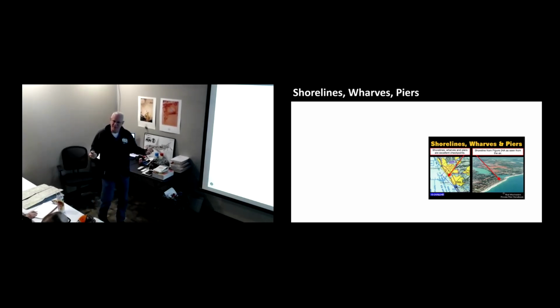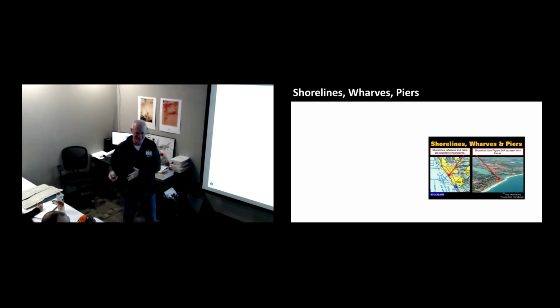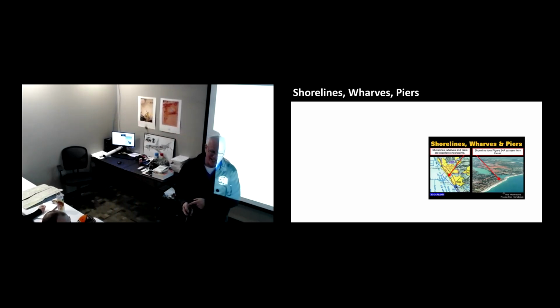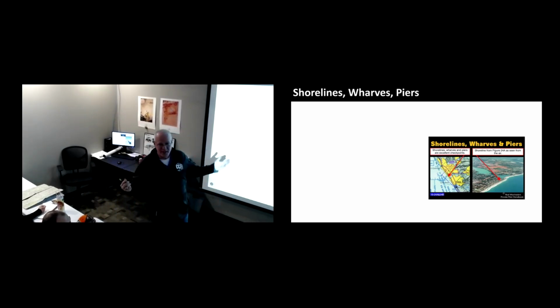Water. Water is typically a great navigation point if it's the right body of water. Again, you will see smaller rivers on the chart, not easily identifiable from the air.